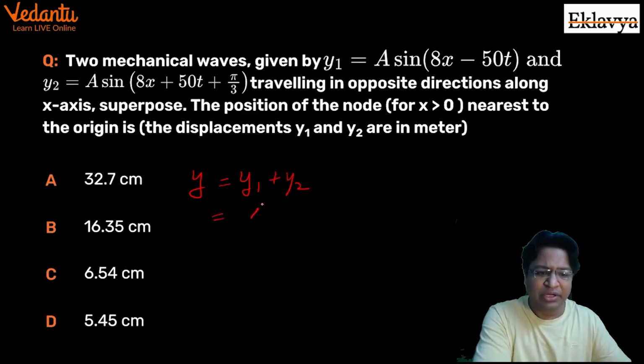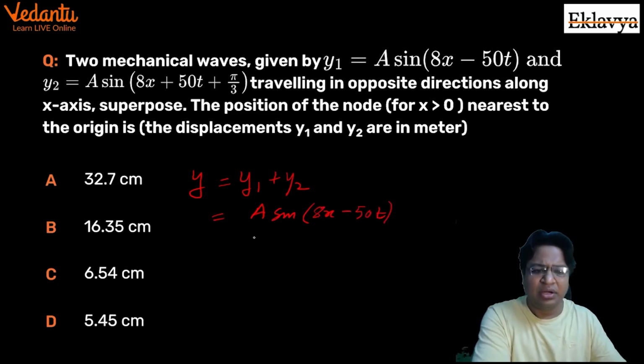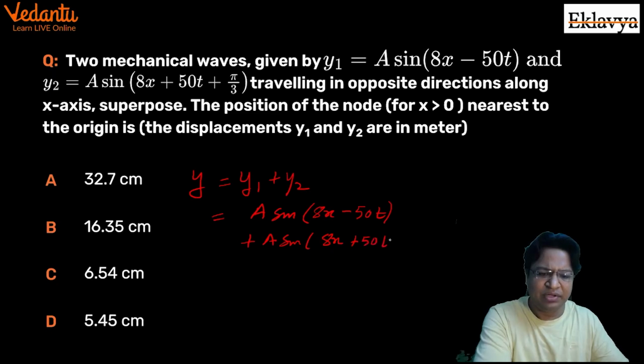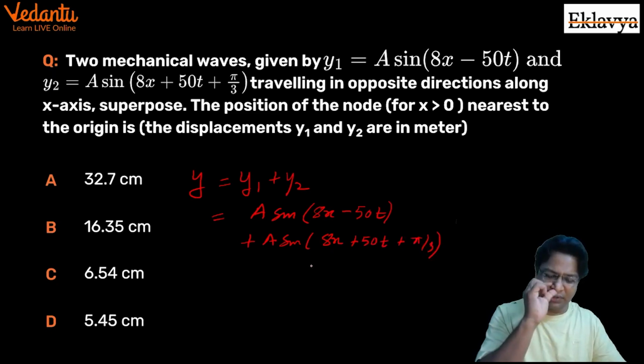So we can write it as A sine of 8x minus 50t plus A sine of 8x plus 50t plus pi by 3.